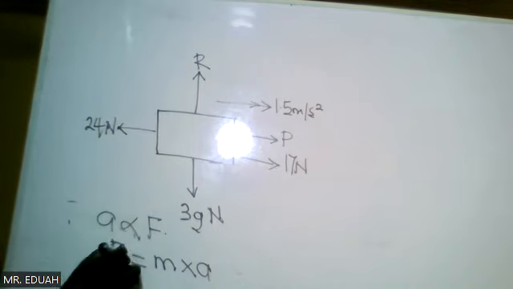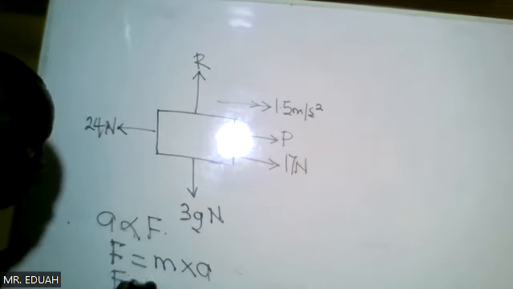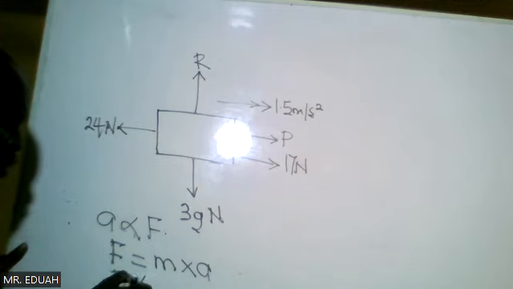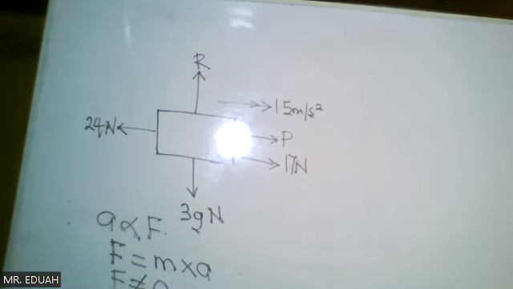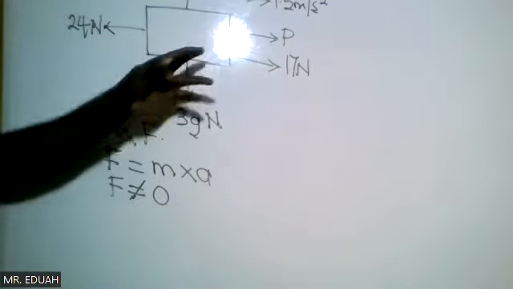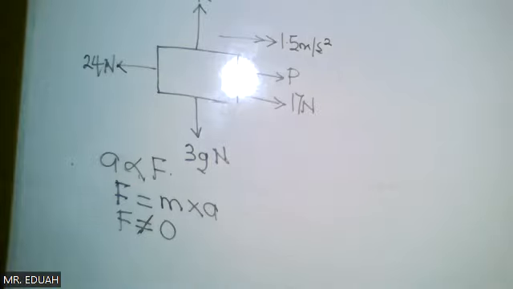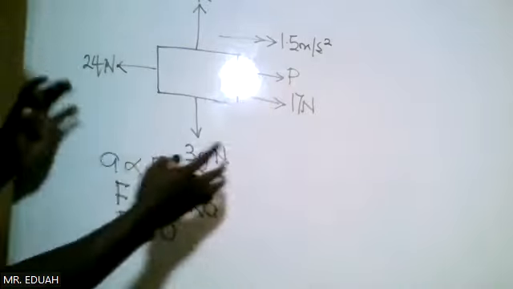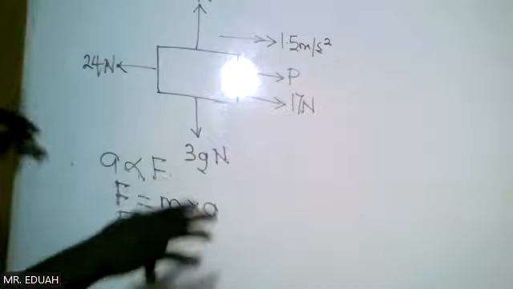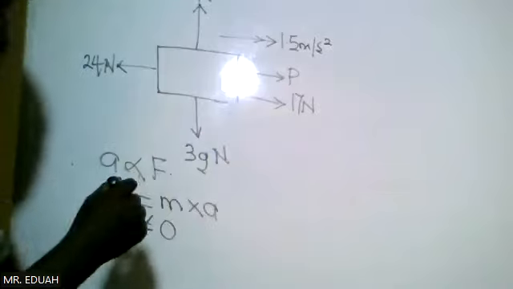So for the body to accelerate, F should not be equal to zero. All right. The question I gave you falls under the second law. There is an acceleration given by 1.5 meter per second squared. And once there is an acceleration, it means that the body accelerates due east.